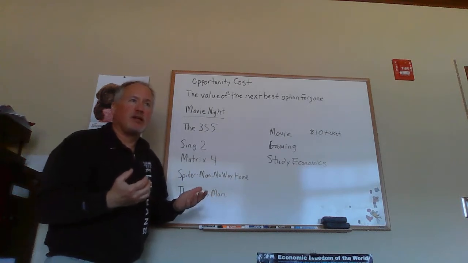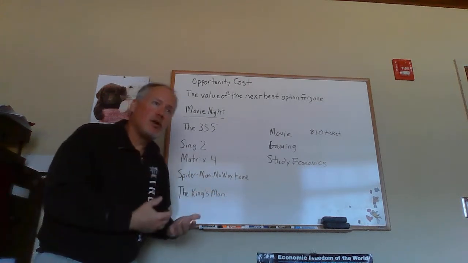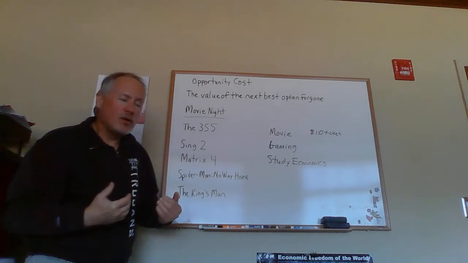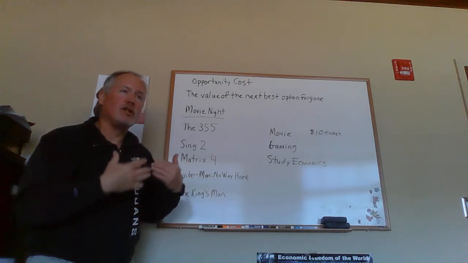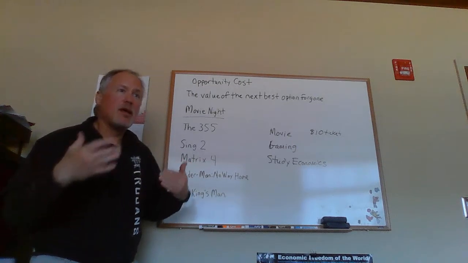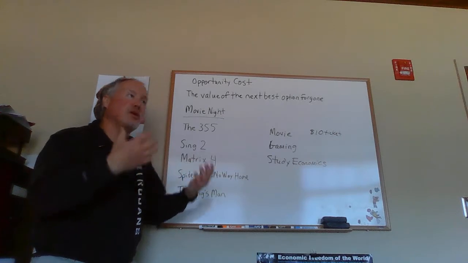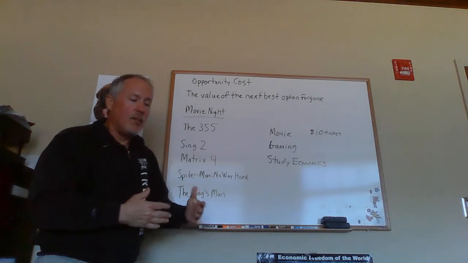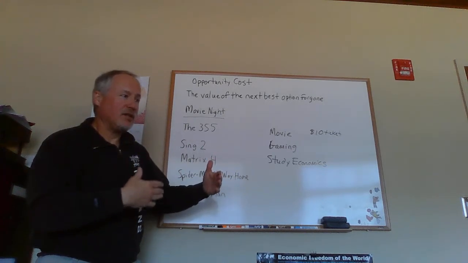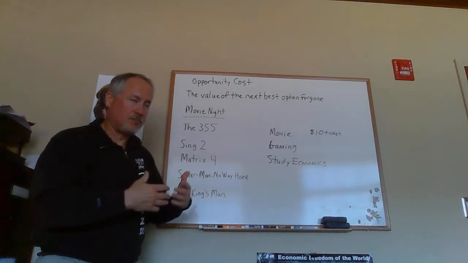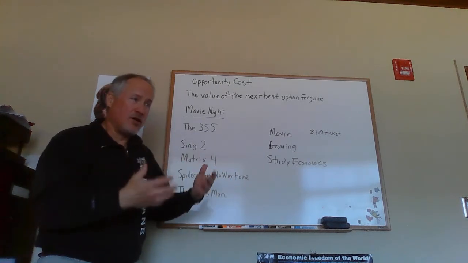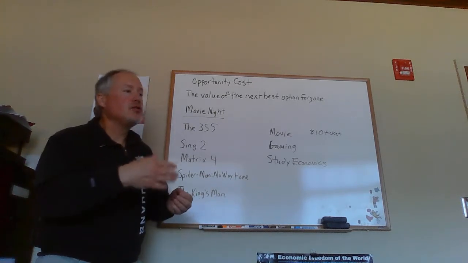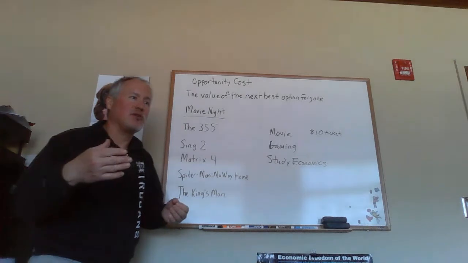And so it's one of the things that the book talks about when you go to college. If you figure it out, one of the most important costs of going to college, especially if you're going to go to college full time, is the fact that you wouldn't be working full time. Maybe you will still work some, but in addition to having to pay for tuition and books, the out-of-pocket or monetary costs, there's also an opportunity cost when you think of going to college.